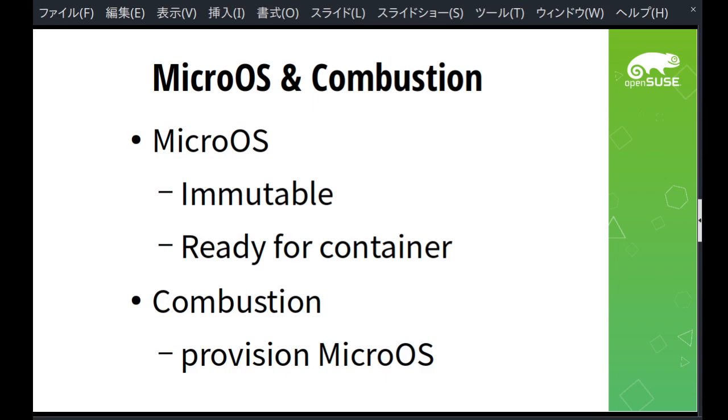Combustion can do everything. Combustion can provision MicroOS. But I use Combustion only for hardware parts and base settings, because I want to have several virtual machines which each have their own purpose. So I use infrastructure management tools for software parts.